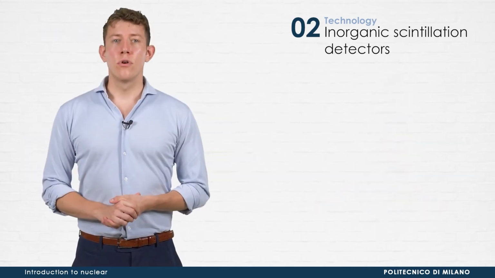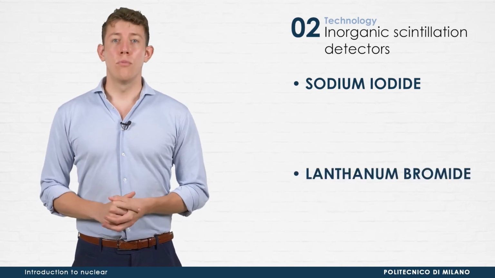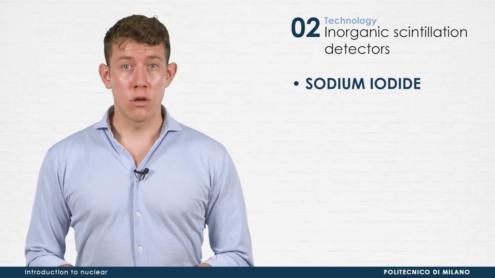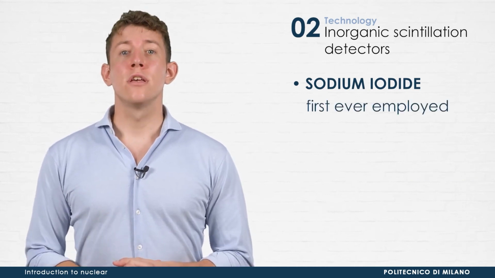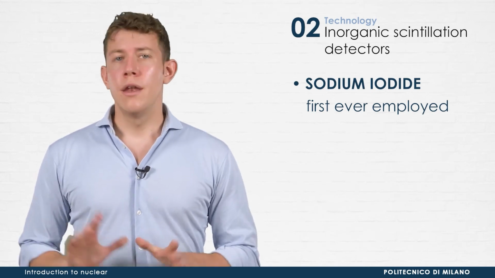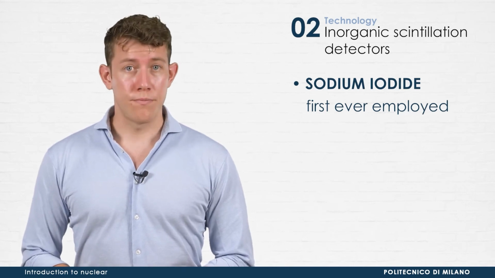The two most important mentions here are sodium iodide and lanthanum bromide. Sodium iodide with thallium activation was the first ever employed scintillating material for gamma spectroscopy in 1948. Nevertheless, it still finds its use in modern gamma spectroscopy.